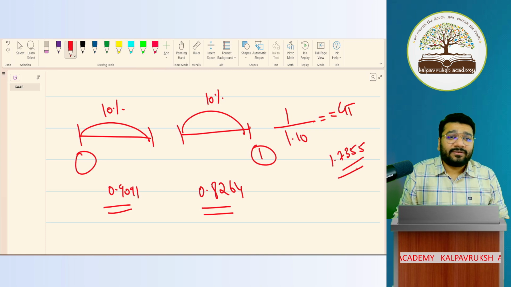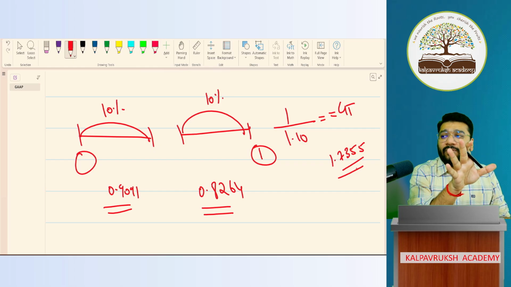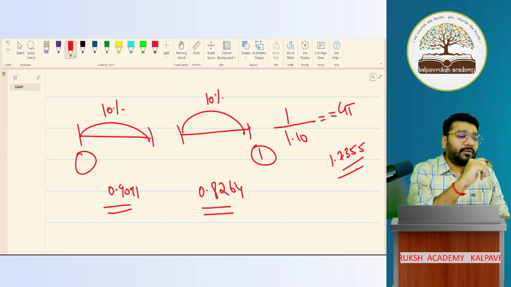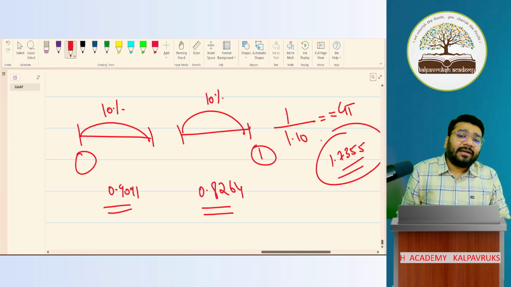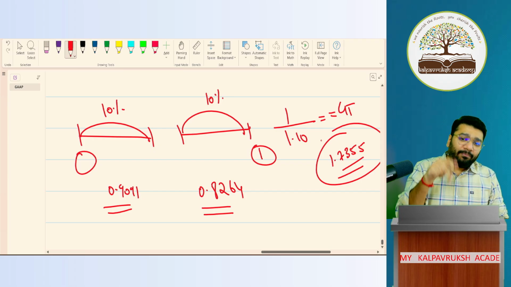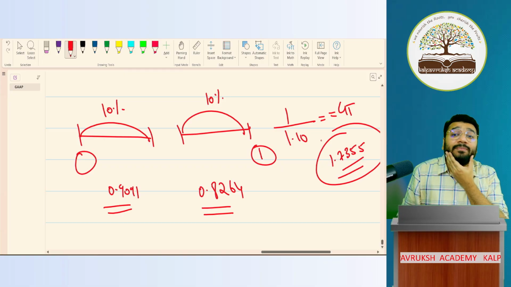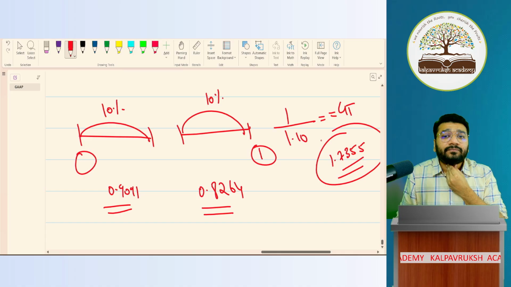Now Lisha is telling me she'll use M plus. I want the annuity factor for 10 years. So are you trying to tell me you'll do 1 divided by 1.10, M plus, and again repeat the entire process? That's a waste of time. In the exam, you will not have that much time, my dear. Got it, not got it?